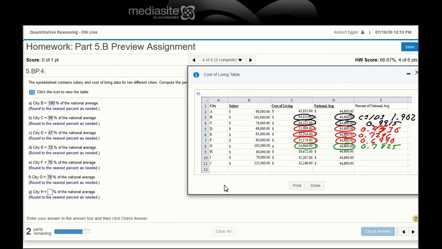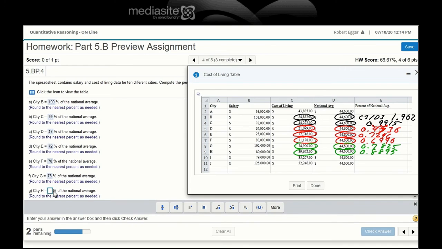H, cost of living, national average. 39,672 divided by 44,600. 0.8895, or 89%, to the nearest percent.